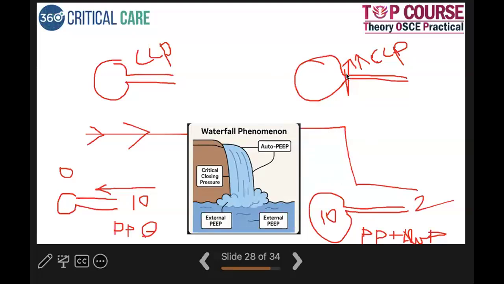The airway with the choke point, where there is increased critical closing pressure, is just collapsing, like a waterfall. Even though it is trying to open up, the choke points are compressing it and collapsing the airway. This is the waterfall, and downstream is the ventilator setting, the external PEEP setting, which we have connected.